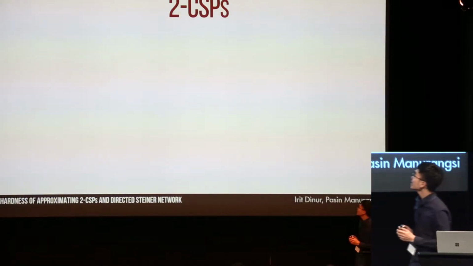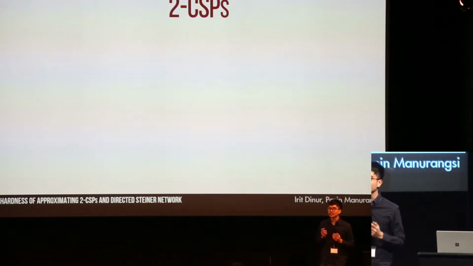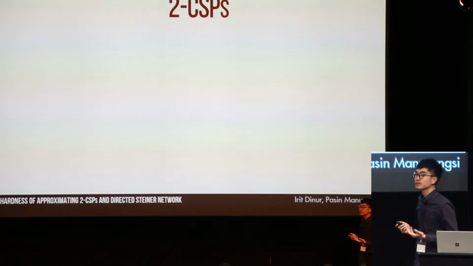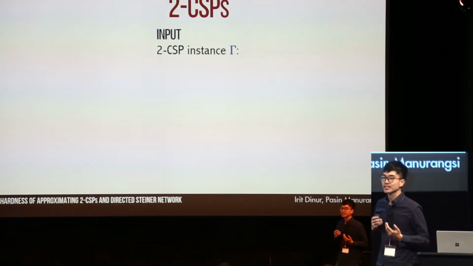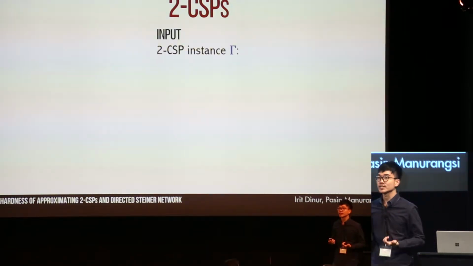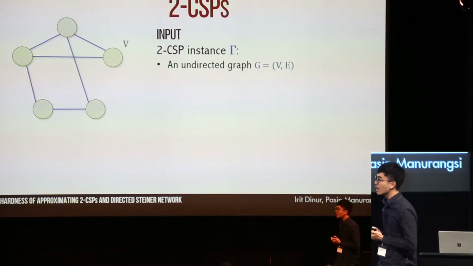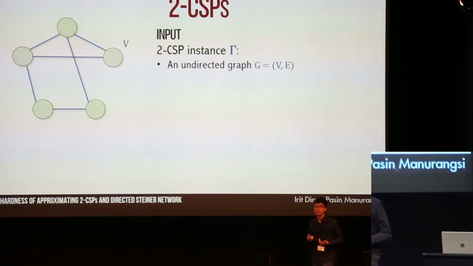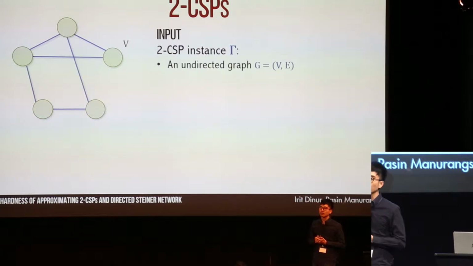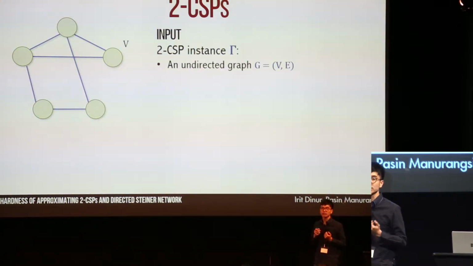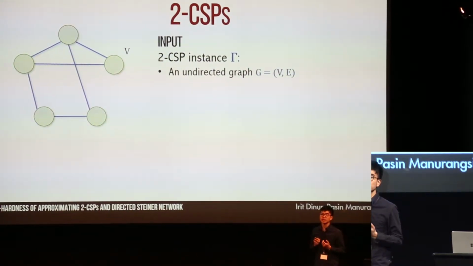All right, so let's recall what the 2CSP problem is. In the 2CSP problem, the input instance consists of first a constraint graph. This is just an undirected graph where the vertices are the variables of our constraint satisfaction problem, and there's an edge between two vertices if there's a constraint between them.